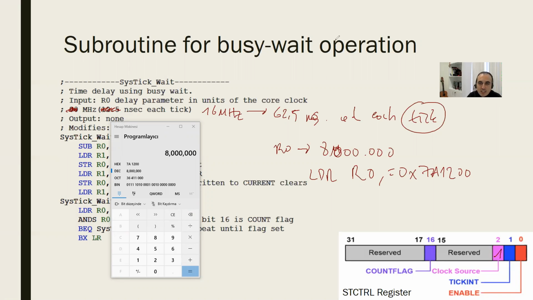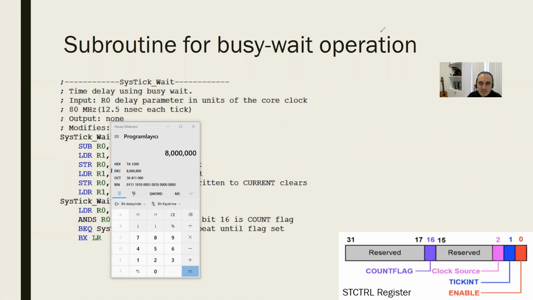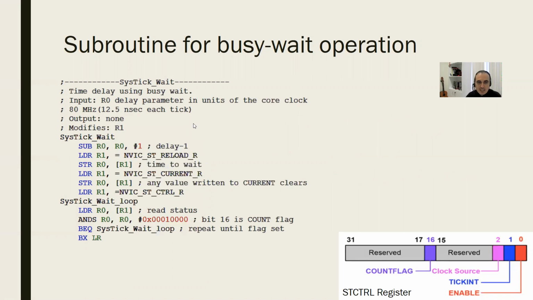How much time does 8 million ticks take? It's quite simple, because a single tick takes 62.5 nanoseconds, times 8 million.